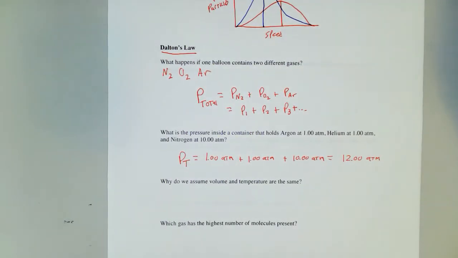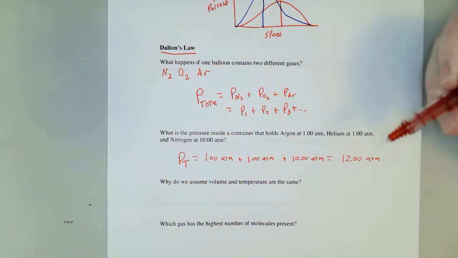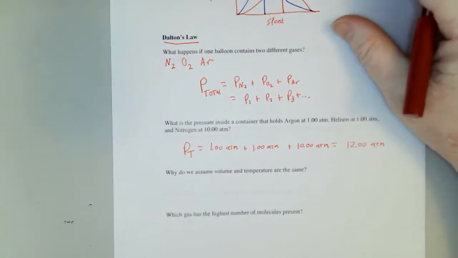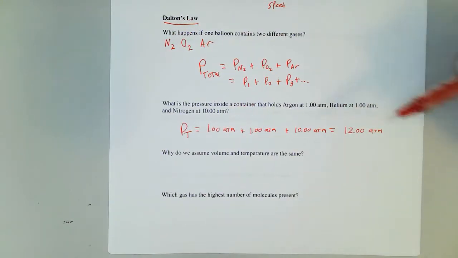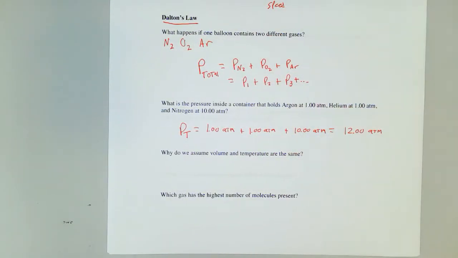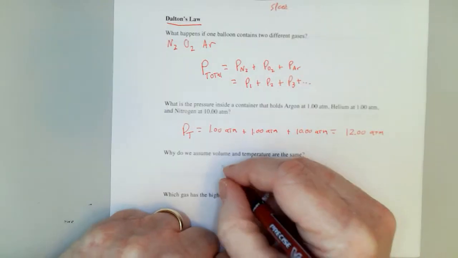I just can't tell the difference between which particles are causing the pressure. I just know the fractions. Okay? Now, we're assuming that all of these are at the same volume and temperature. Is that safe? Yeah, they're all in the same container.